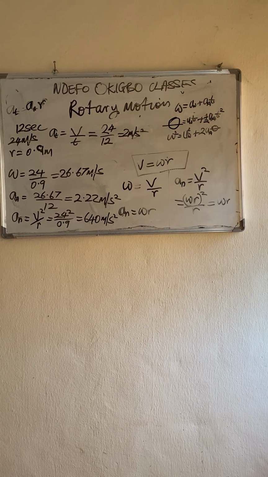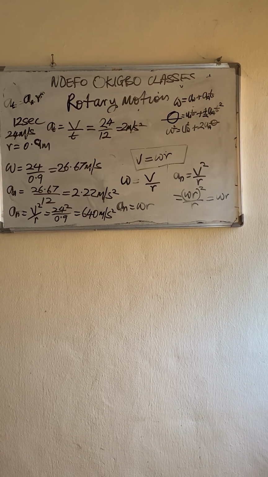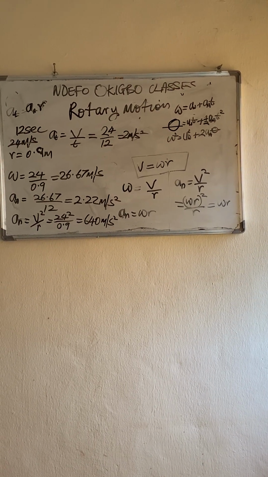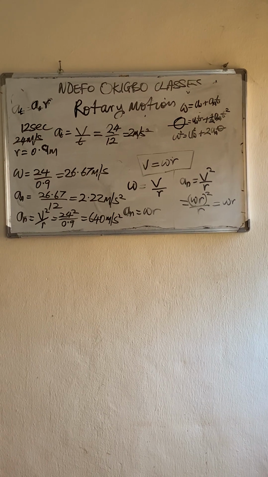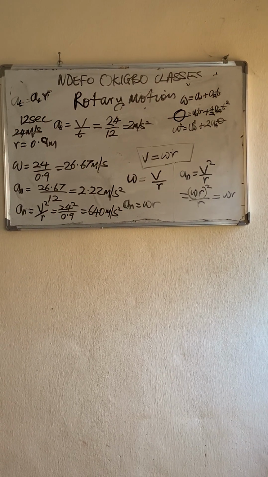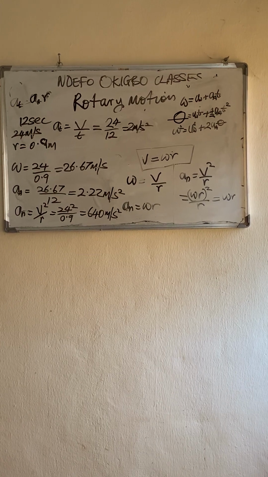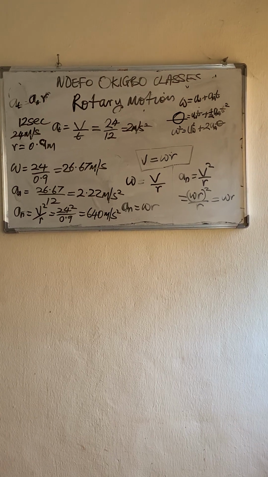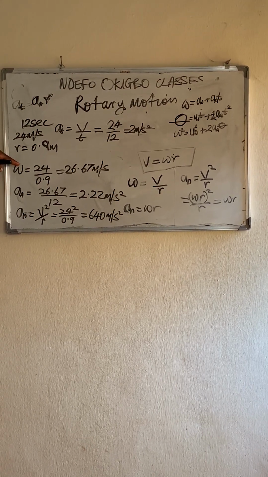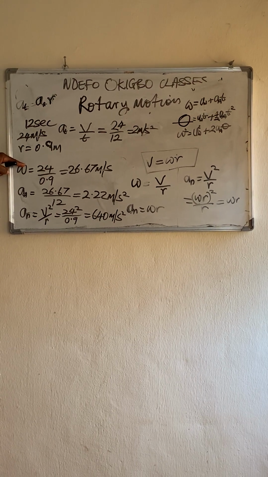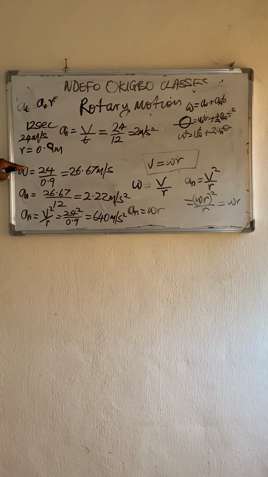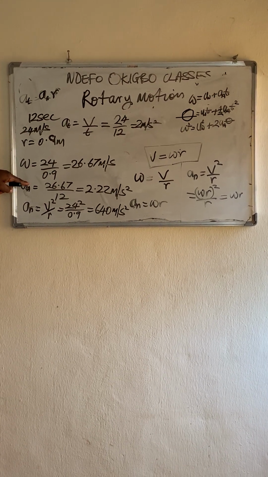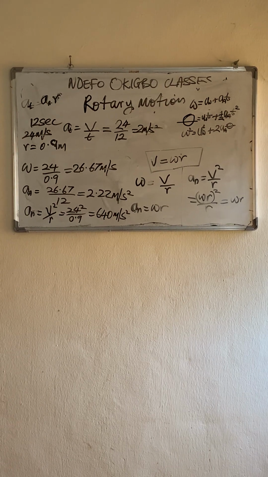The question says, the wheel of a vehicle rotated from rest with uniform acceleration. In 12 seconds, the time of rotation, a point on the wheel has a velocity of 24 meters per second. If the wheel is 1.8 meters in diameter, calculate the angular velocity and the angular acceleration, which we calculated.